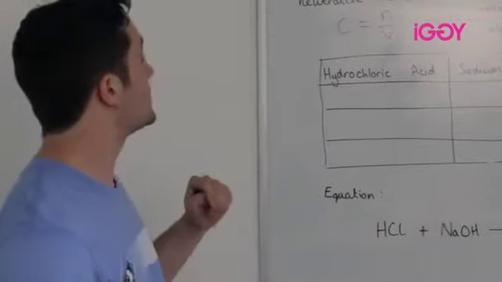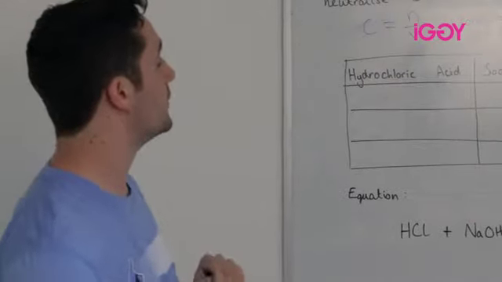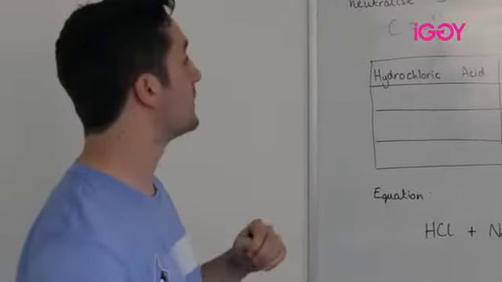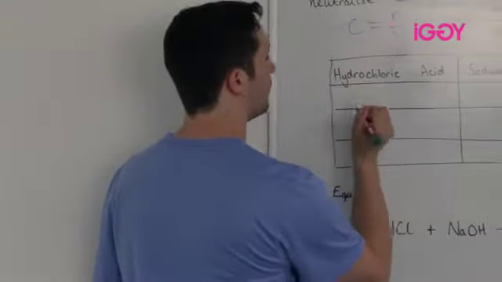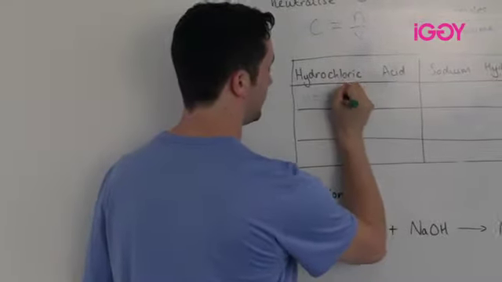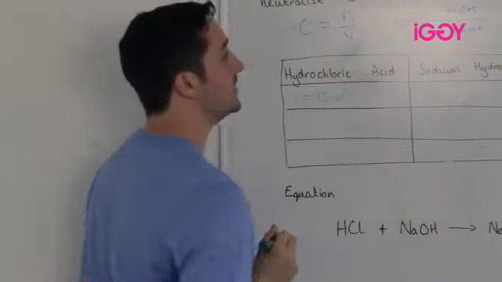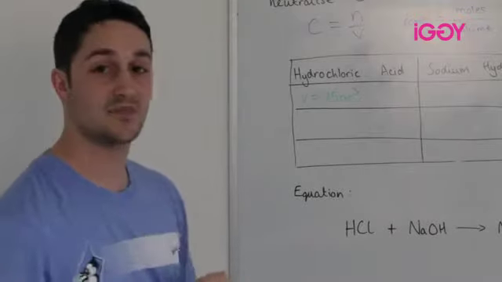Okay, so on to the actual question. What do we have? I've drawn up a table, and we're going to jot down what things we know. We know the volumes of both, so I'll jot them in here. The volume of hydrochloric acid is 25 centimetre cubed, and generally in chemistry we work in decimetre cubed.